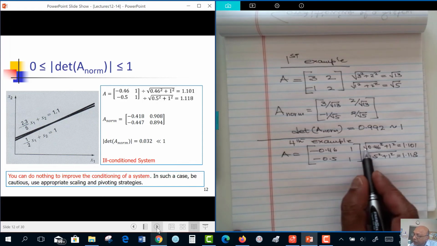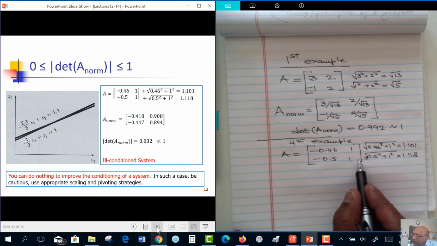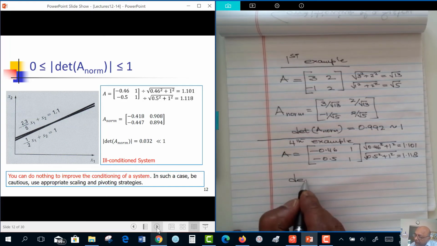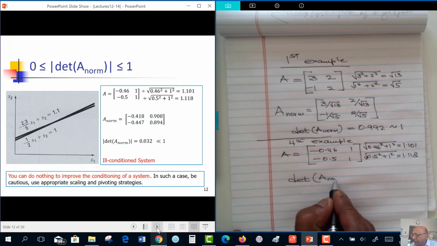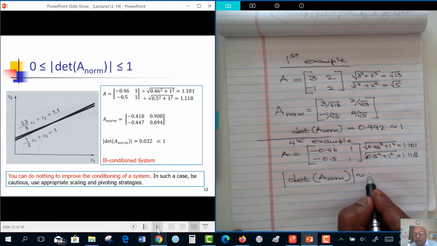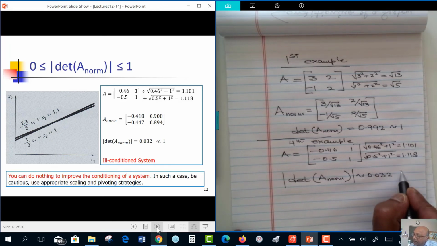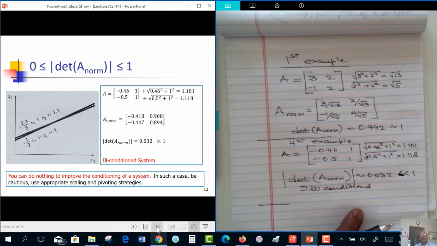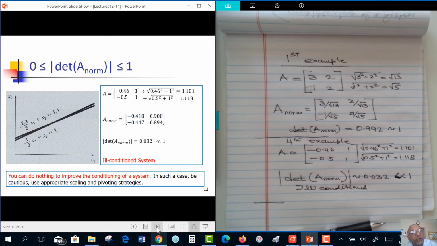So we divide the first row by 1.101, we divide the second row by 1.118, take its determinant, and this magnitude is 0.032. So you can see this is much, much less than 1. So therefore, this is an ill-conditioned system. And that's what we found. Lines were nearly parallel.